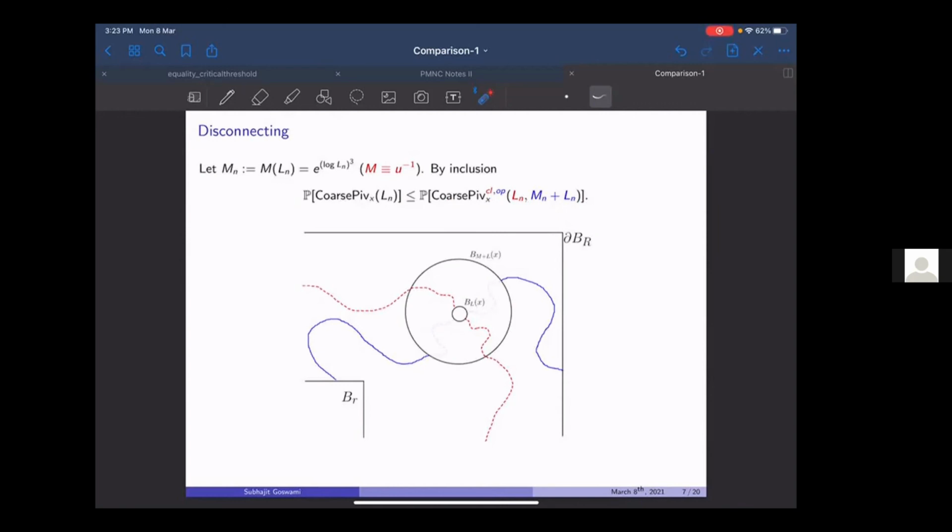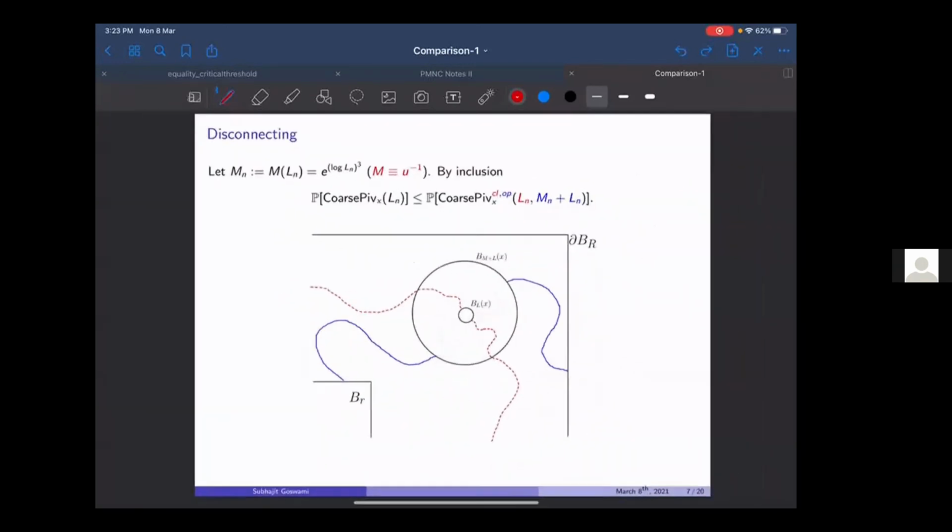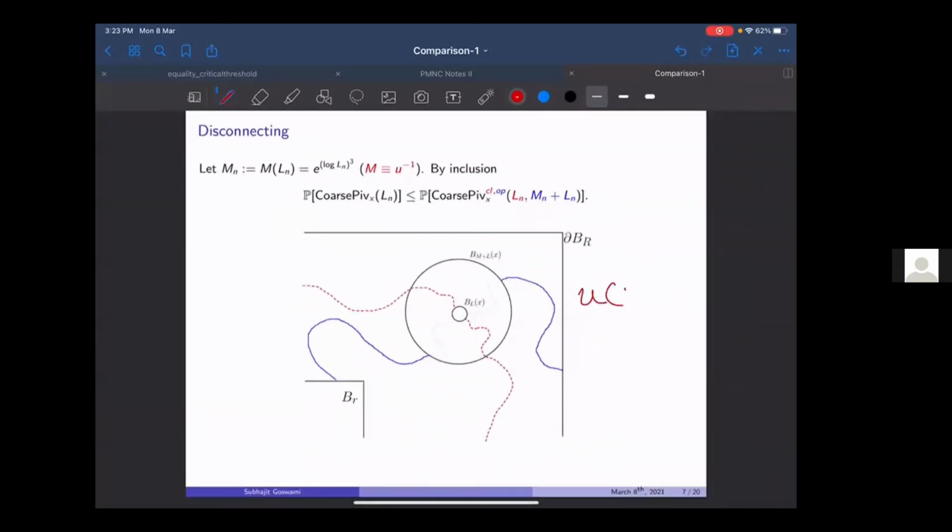So your L is U of M, so that's it, because that's your smaller ball here.